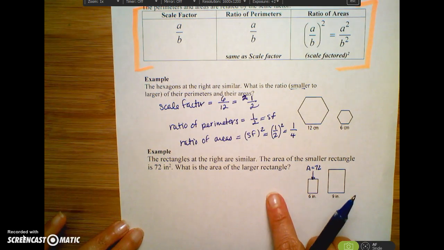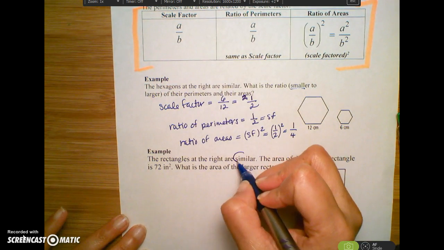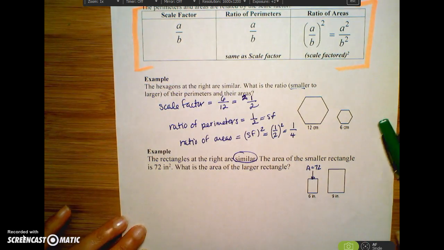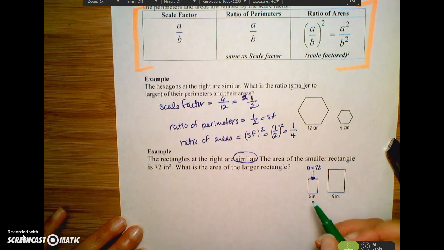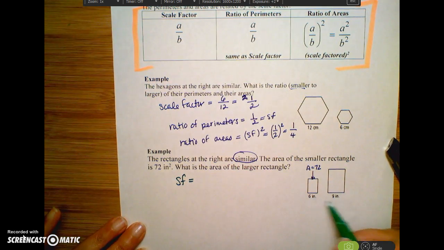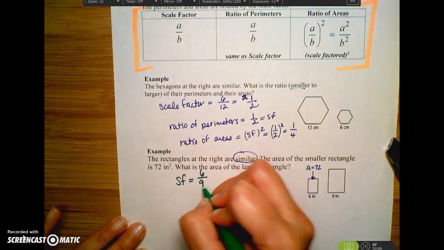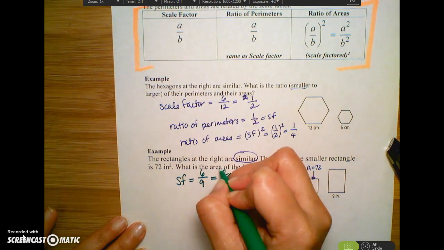So, first thing I want to do is recognize that it says similar here. And what that means is we want to break out scale factor information. So once again, I find the scale factor. I'm going to compare 6 to 9, which of course reduces down by 3s to 2 to 3.